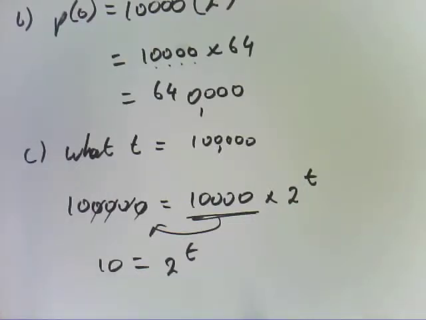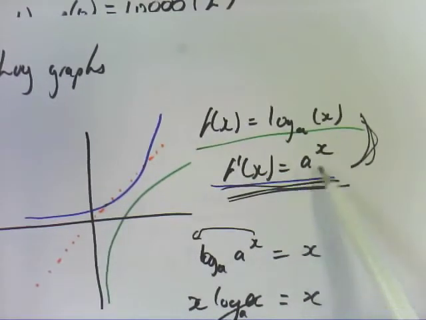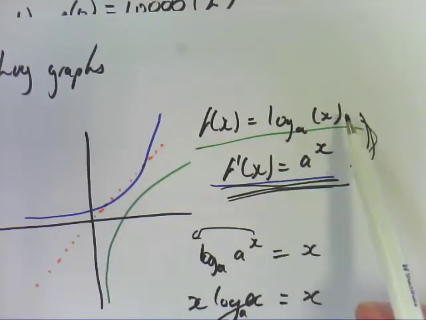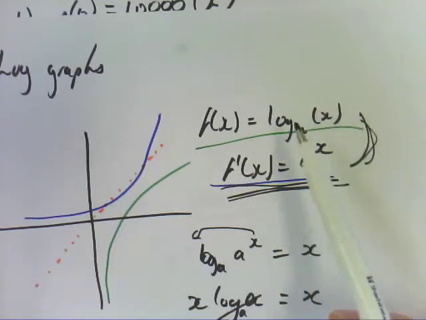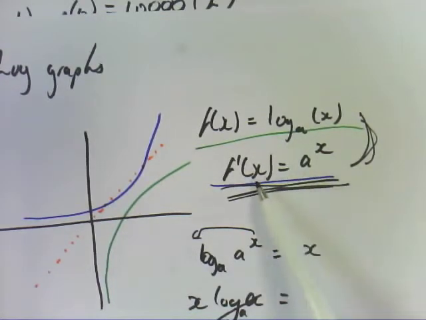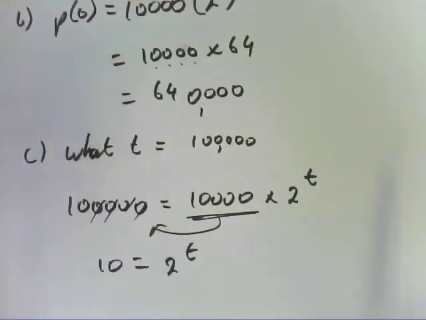Right? If we go back to the last video we just recorded, a to the x and log a x, they're inverses of each other. So how do we undo an a to the x? You log it.